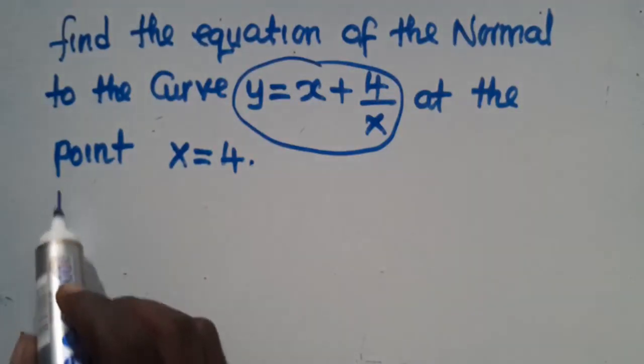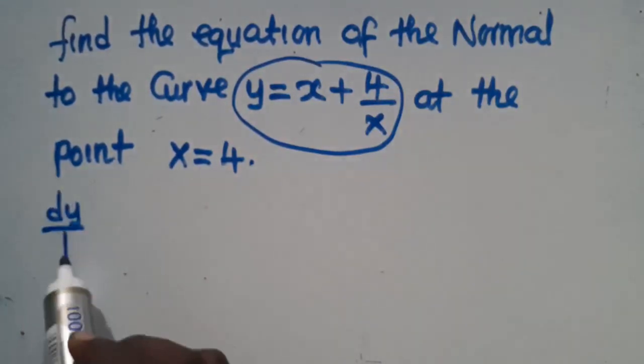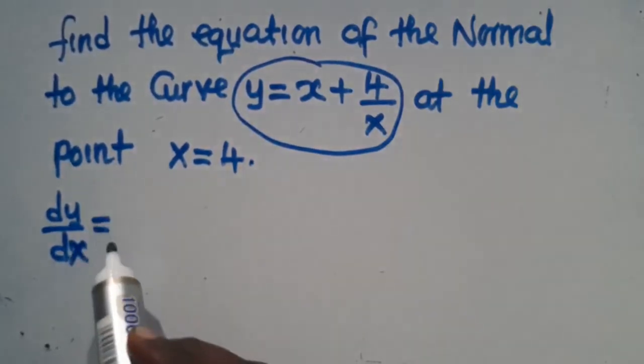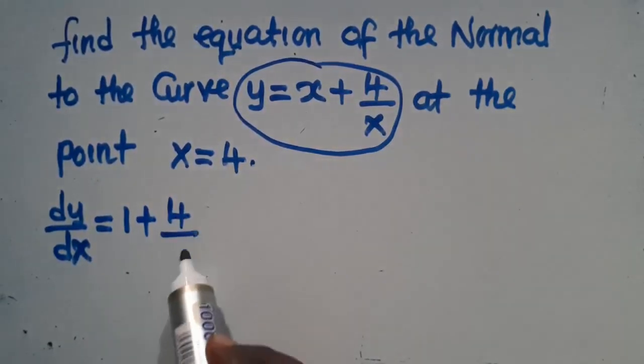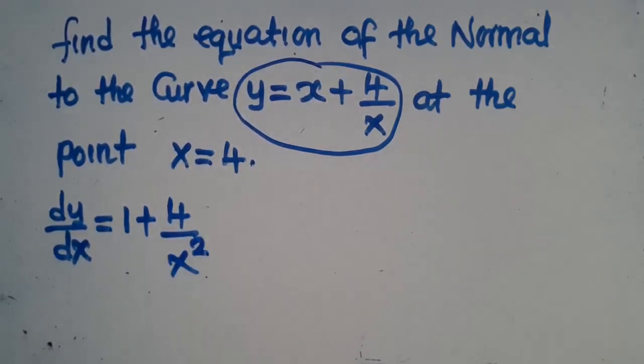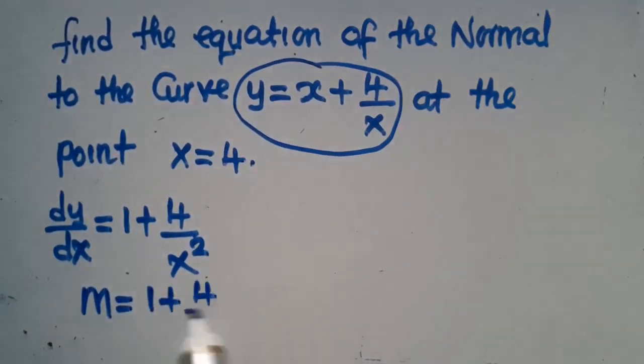So dy/dx is equal to 1 plus 4 over x squared. This is the answer when you differentiate. I did this at first. Hope you already have the solution. Then you say m is now equal to 1 plus 4 over x squared.